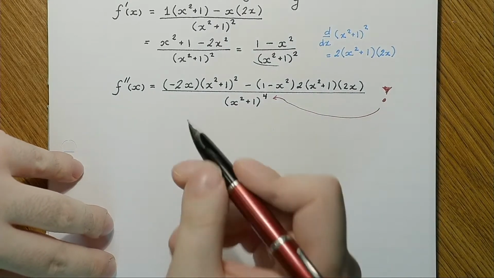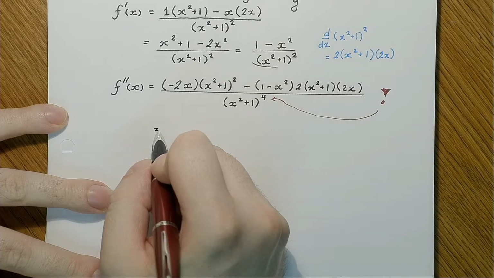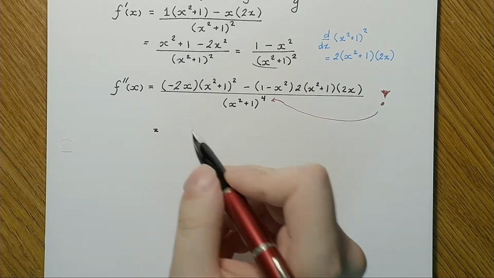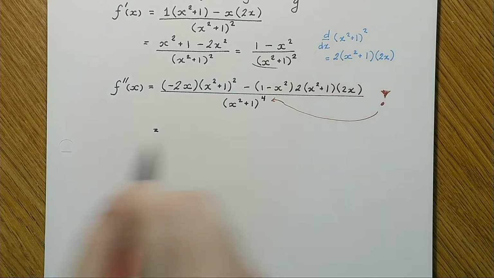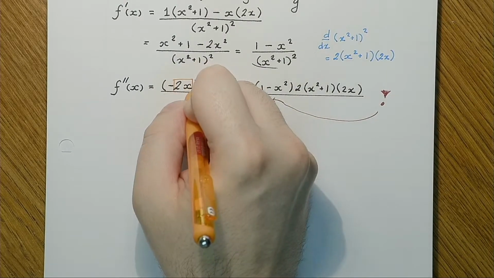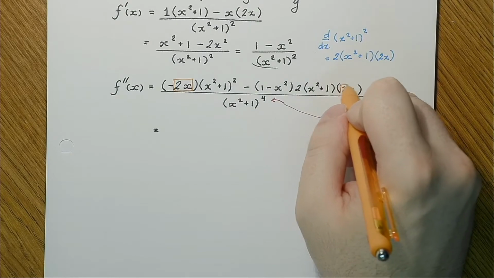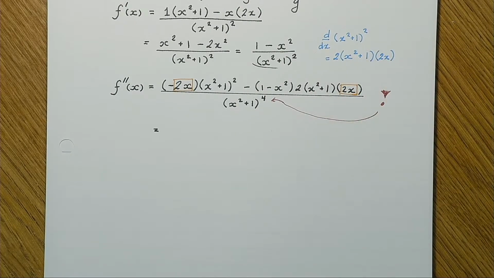So to do that, again, we hope that we can do some factoring or some simplification. And so I will switch to this orange pen here. I see that I have a 2x here, and I also have a 2x here. So that's what I'm going to do.